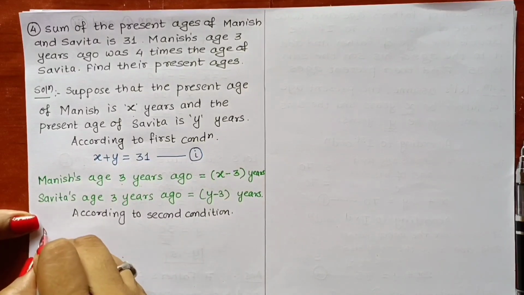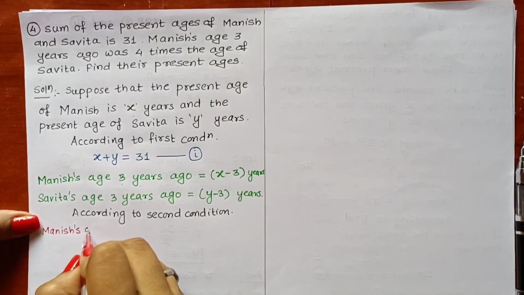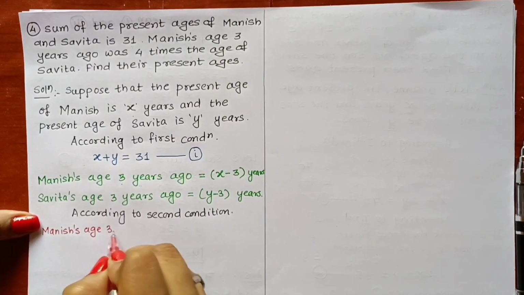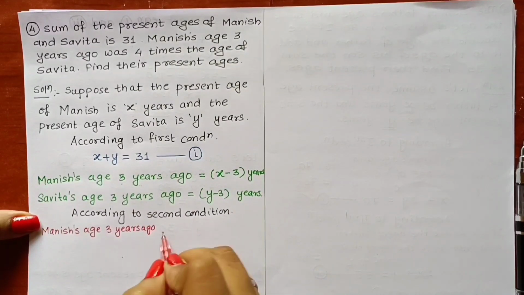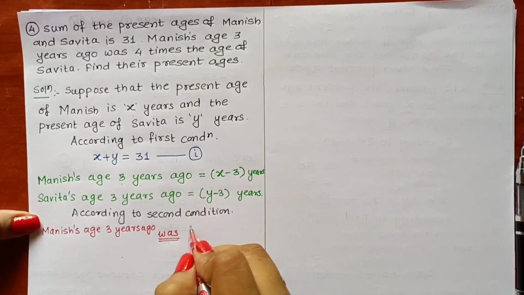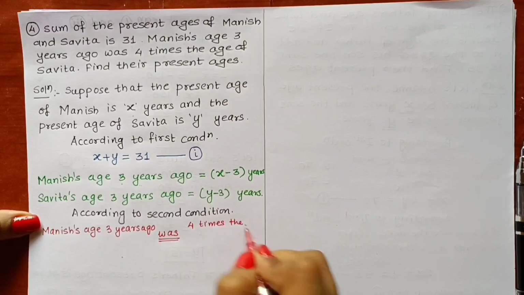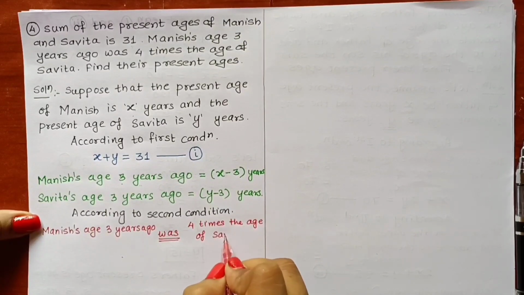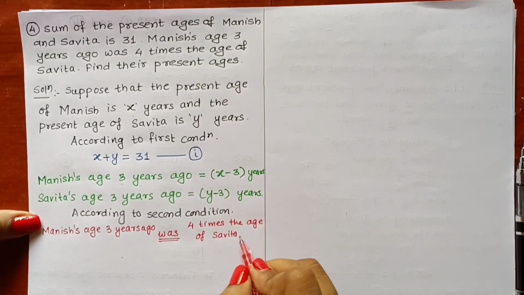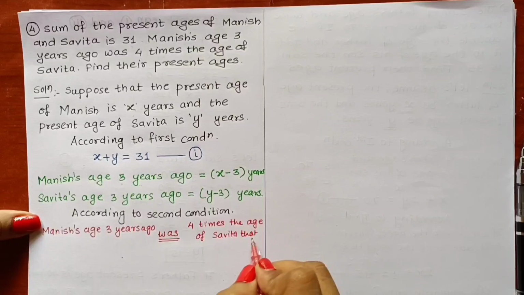I am writing here: Manish's age 3 years ago was 4 times the age of Savita. I am adding two words, of Savita that time.